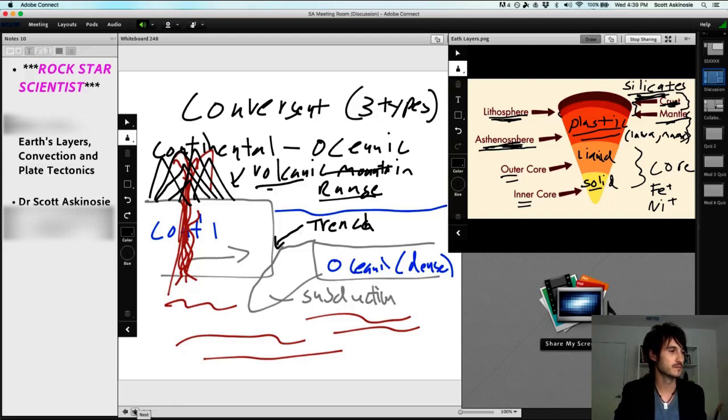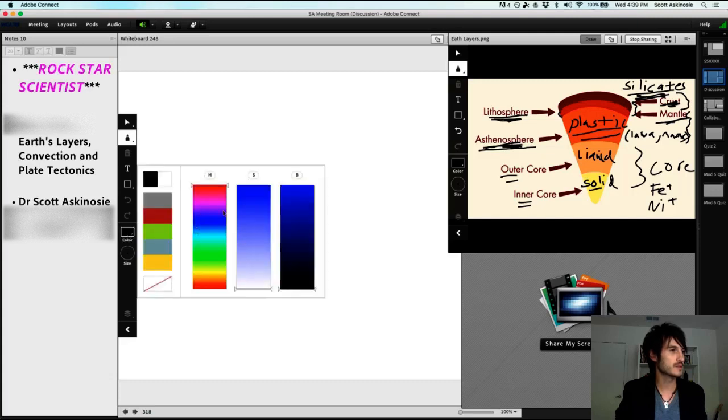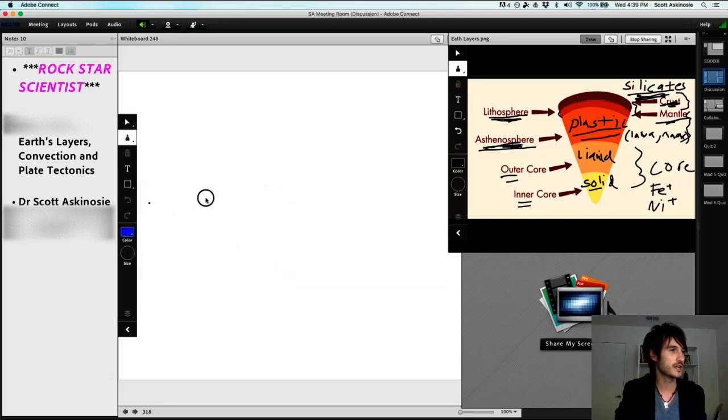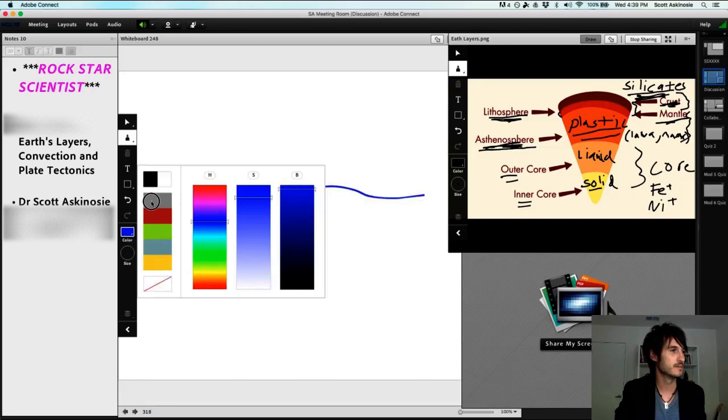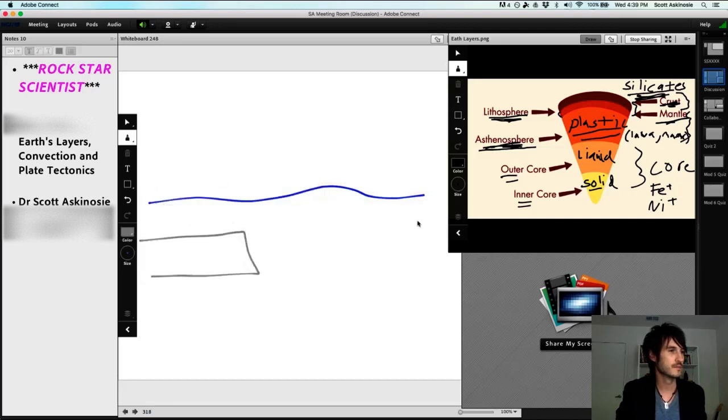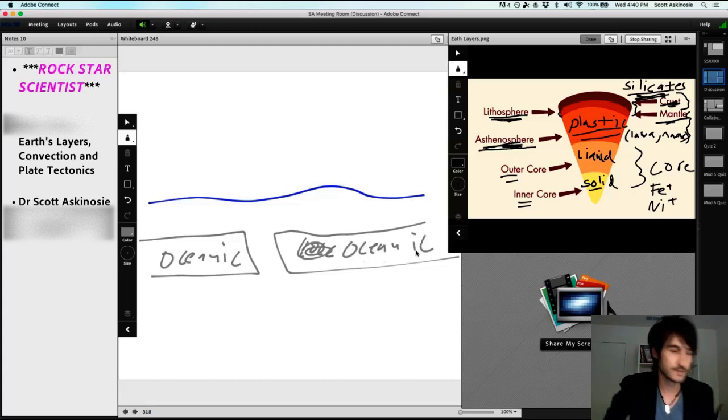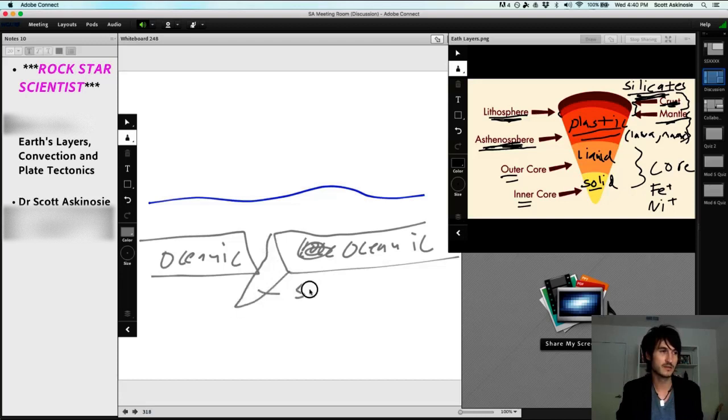All right. So now let's see what happens when we have two oceanic plates coming together. So these are both really dense. But, as you can probably guess, the same thing happens. Whenever you have an oceanic plate involved, one of them is going to subduct.